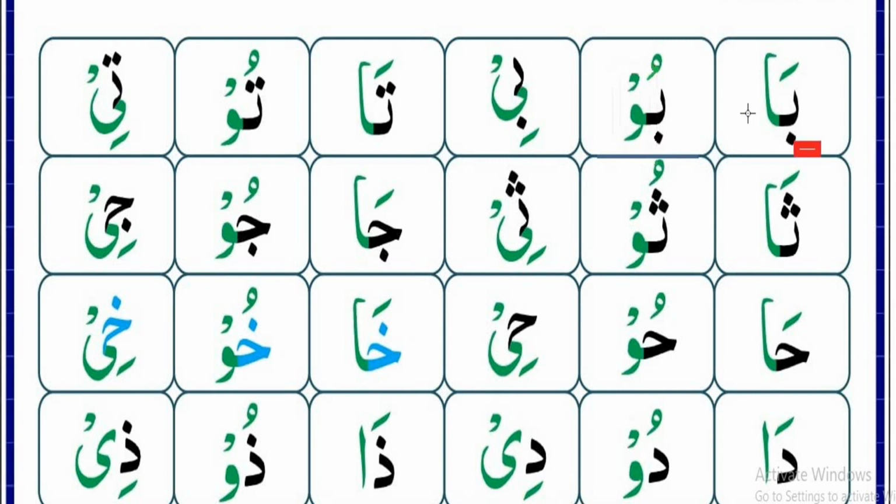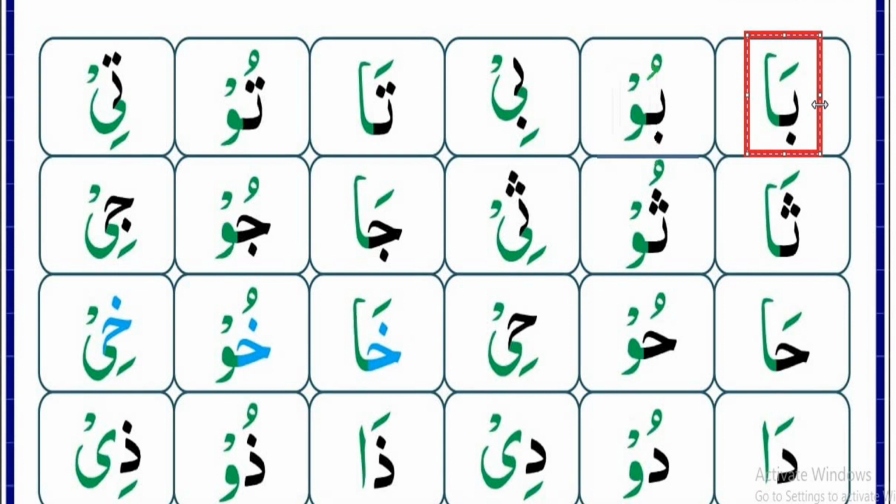As I said, alif is always a madda letter because it always has this sign before it, a fatha. So this is alif madda because the sign before alif is a fatha. Alif is madda if it has a fatha before it, and alif always has a fatha before it.